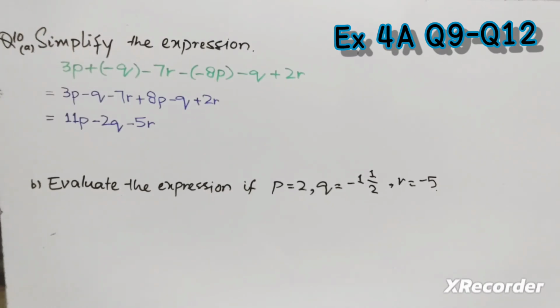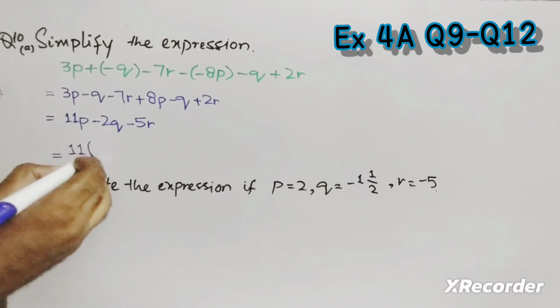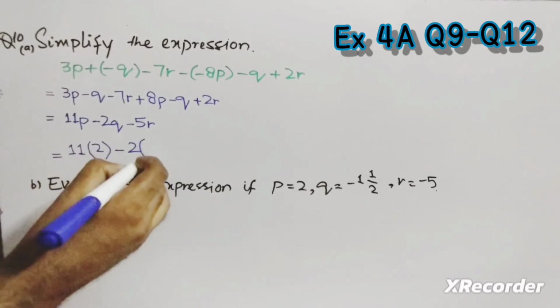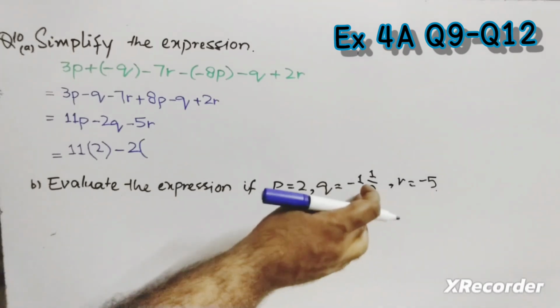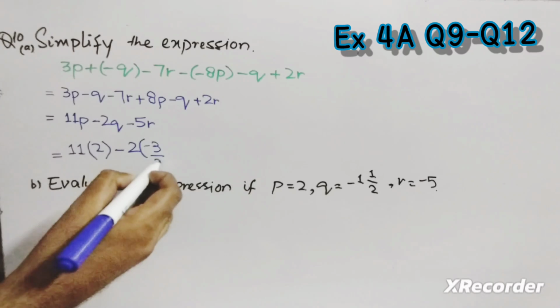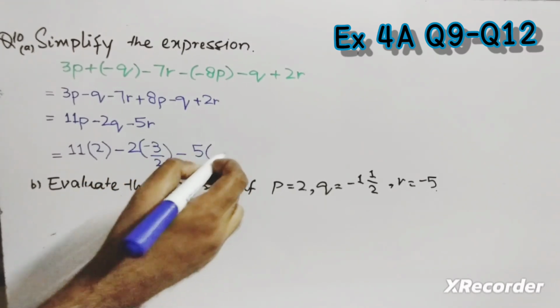Now second part, evaluate the expression if p is 2, q is minus 1.5 and r is minus 5. So we can put the values in this simplified expression. 11 times p is 2, minus 2 times q. If we simplify this, 1 upon 2, it becomes minus 3 upon 2, minus 5r. The value of r is minus 5.